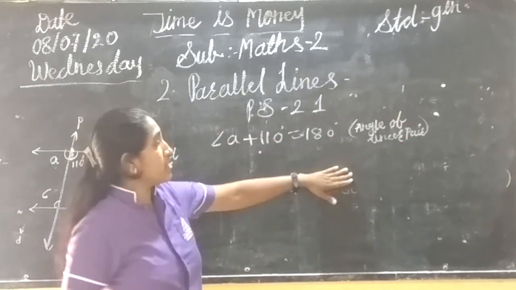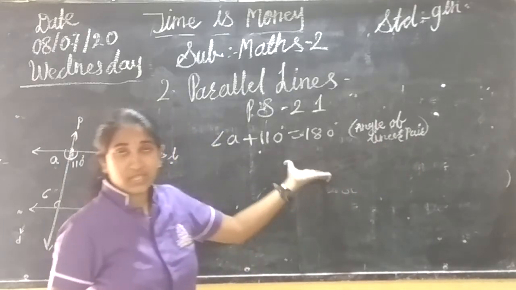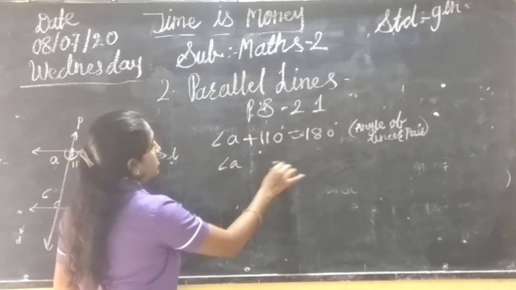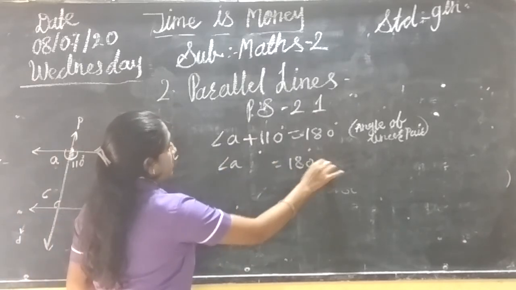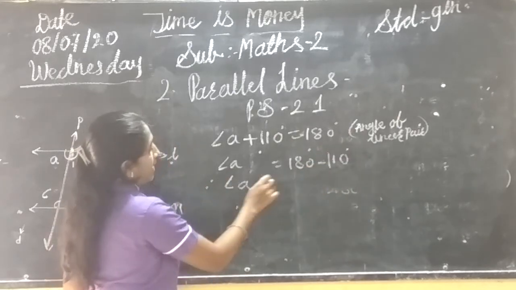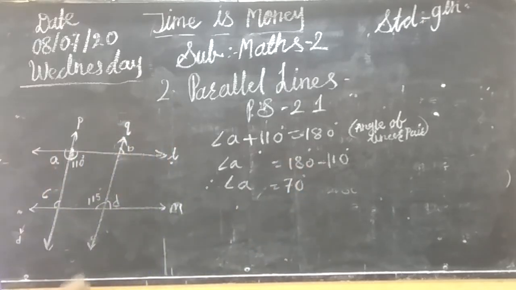Okay. Each and every step we have to give the reason, why you are writing these steps. Then angle A is equal to 180 degree minus 110. Therefore angle A is equal to 70 degree. Okay, thus we got the answer: angle A is 70 degree.